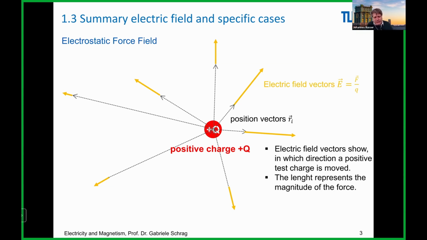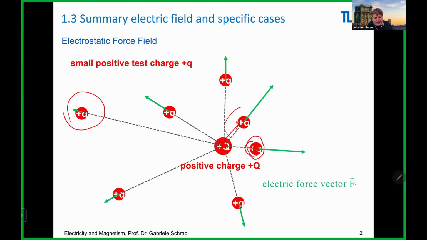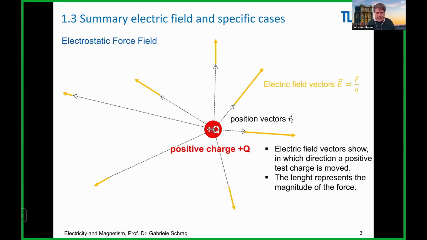So again, this is essentially the same configuration as in the previous slide. Now we have taken out the test charge and obtained from these force vectors the electric field vectors.